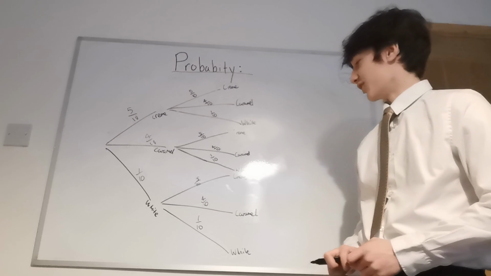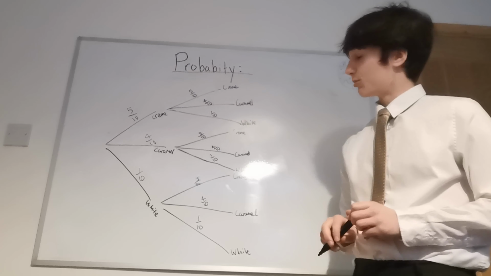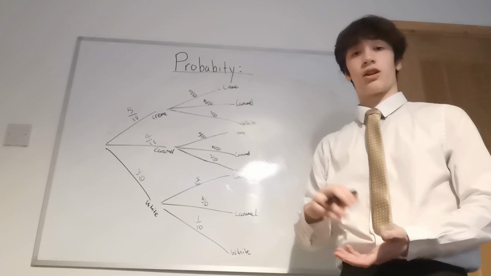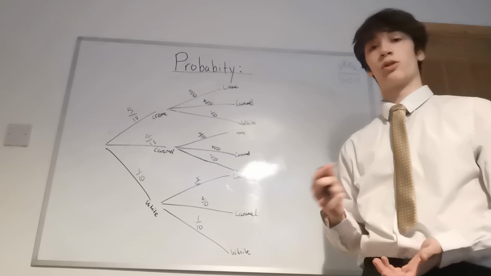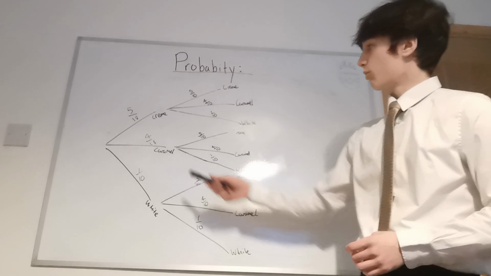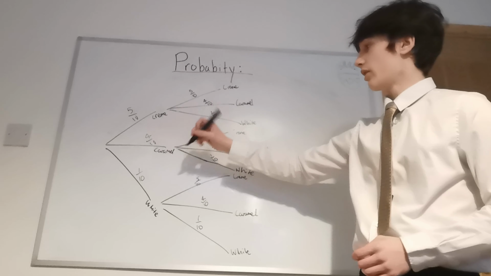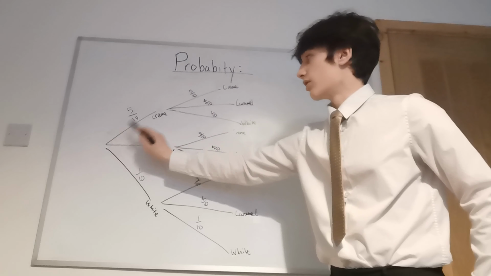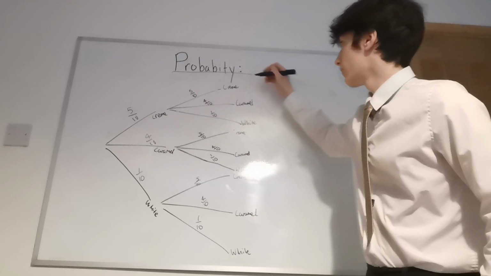Okay, so now we're going to try and work out the probability of, if I took a cream egg from a bag and I put it back in, what's the chances of me pulling another cream egg out? To work this out in a tree diagram, we times along the branches. So we go to the first cream egg, we have 5 over 10.